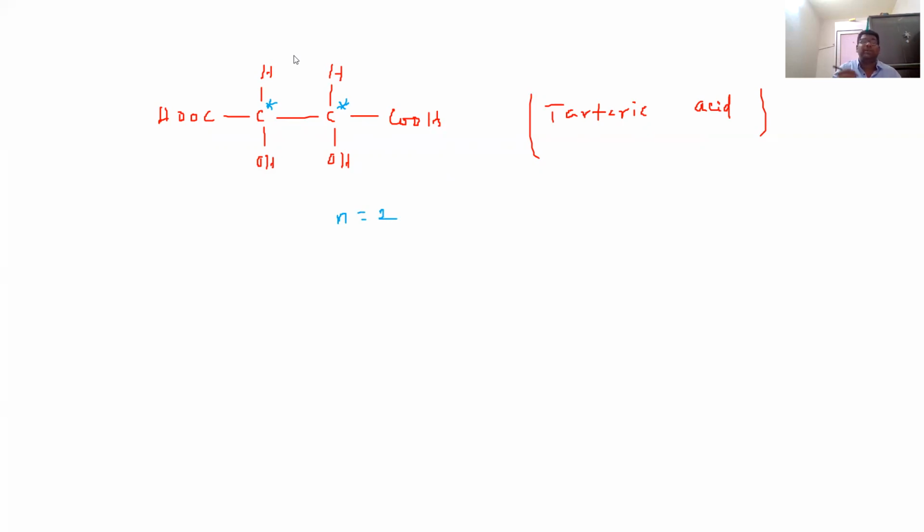How many asymmetric centers? 2 asymmetric centers. Therefore 2 is even or odd? Even. So case number 1 is applicable. Tell me the answer: the total number of optically active forms.